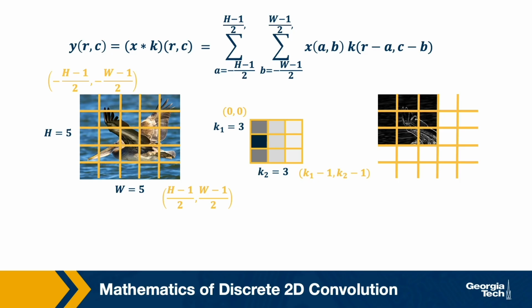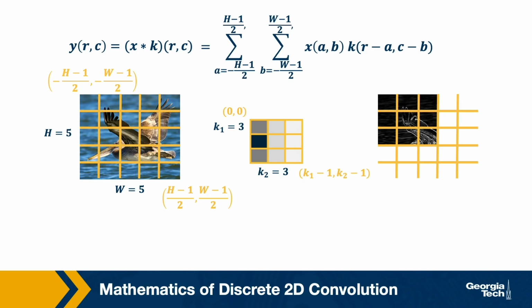So a and b index the current pixel in the input image. R comma c is on the output image. And we're multiplying pixel a comma b in the input image with the kernel value. But the kernel value is not a comma b. It's actually r minus a and c minus b. And this is actually what represents mathematically that operation of flipping the kernel.